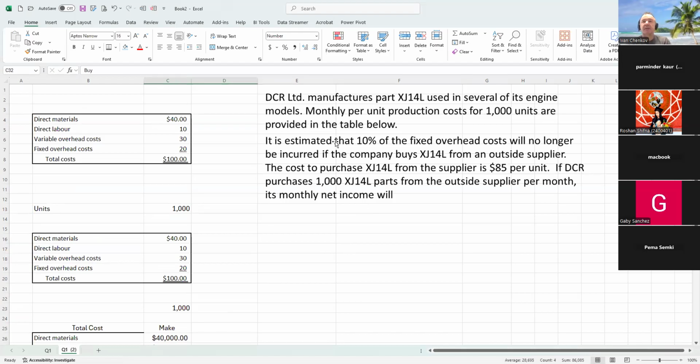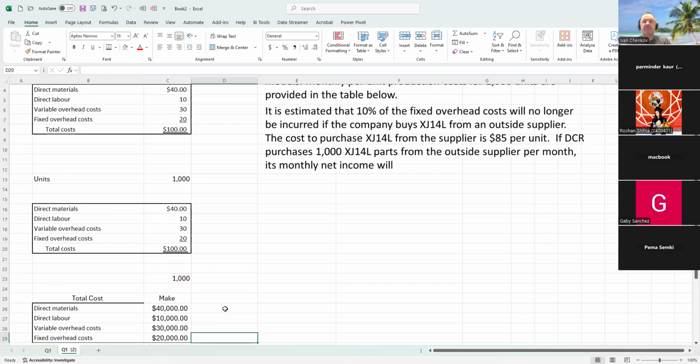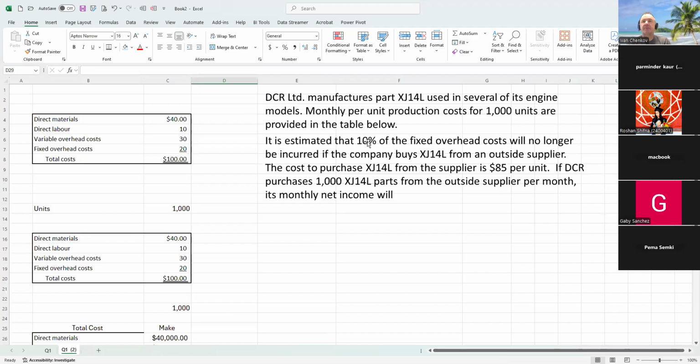It's estimated that 10% of the fixed overhead costs will no longer be happening if the company buys from the outside supplier. So how much is my fixed cost right now? It's $20,000, correct? Yes. If I buy it, 10% will disappear.